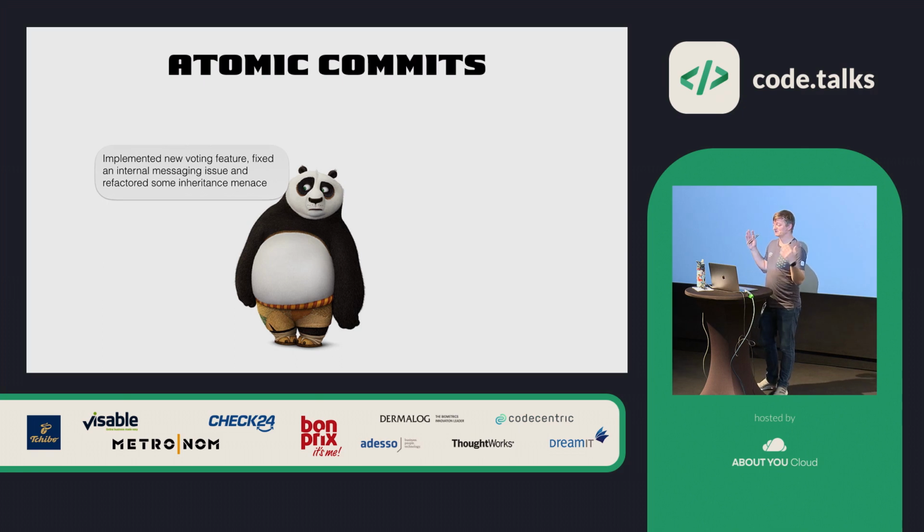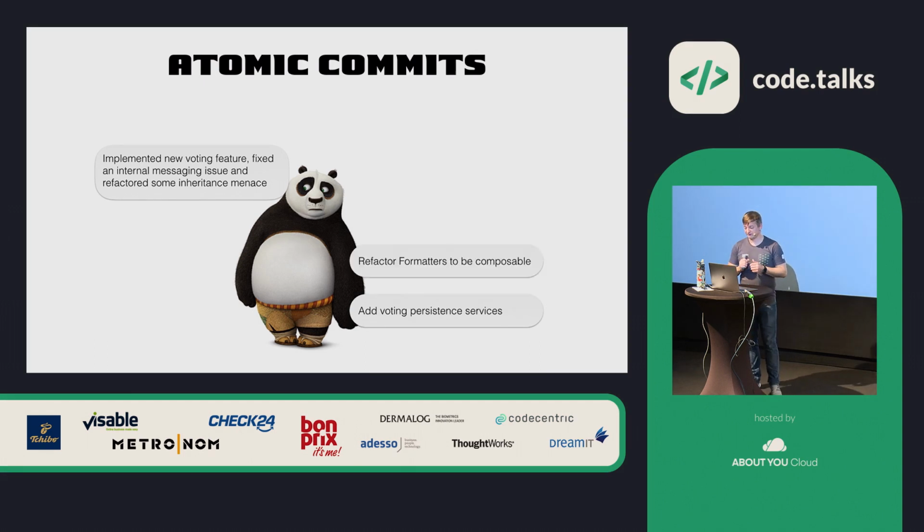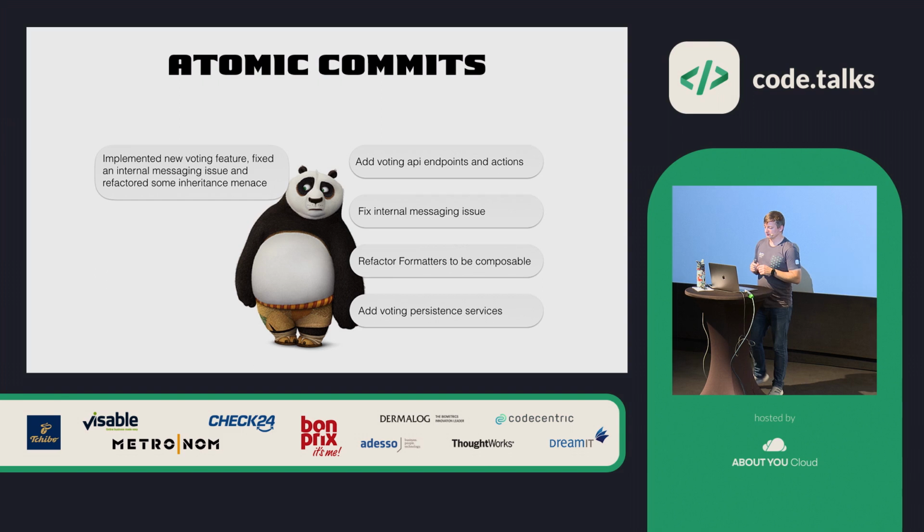There's so much happening, and that's not what I would call atomic. So how could this look if we use atomic commits? Maybe something more like this: add voting persistence service, refactor formatters to be composable, fix internal messaging issue, and add voting API endpoints and actions.